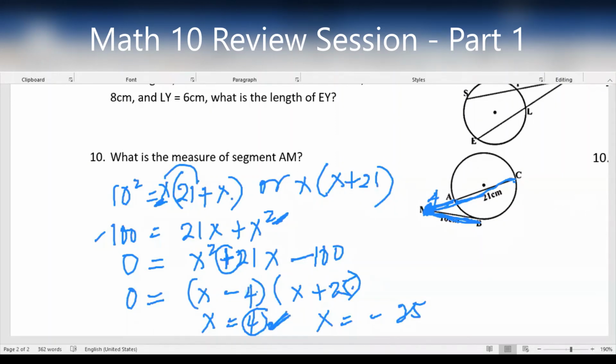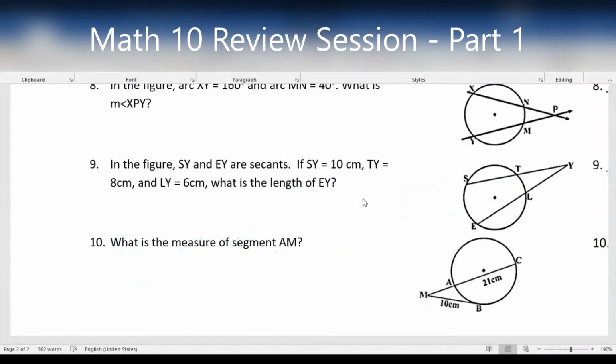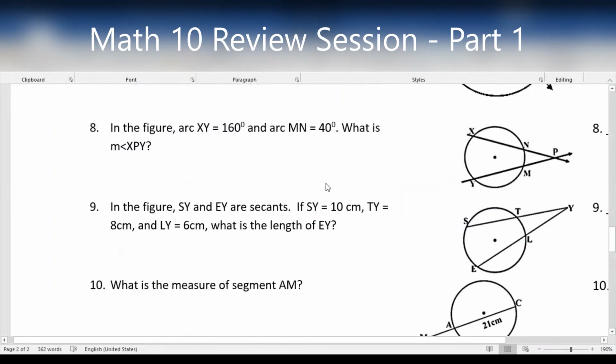Now, Rosel, ready na? Miss, yung LY po, ginawang 8 po, diba? Tapos TY, ginawa pong 6. Negative po lumabas. Wait, nabago ko na pala to. Ako yung nagkamali. Bakit pinabago ko pa sa inyo?